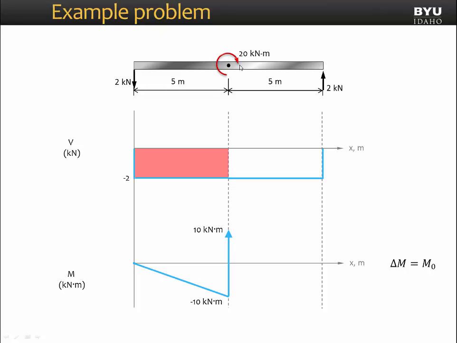It is 20 kilonewton meters, and we are going to jump up 20 kilonewton meters from negative 10 up to positive 10. And now, as we proceed along the beam, we will continue at a slope of negative 2 kilonewtons, and over the next 5 meters, we will close back to 0.